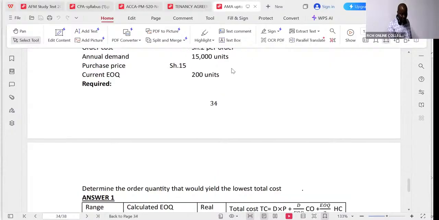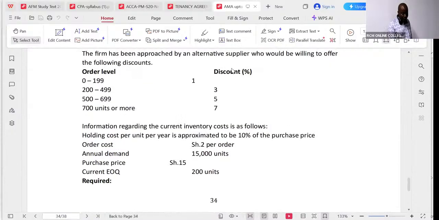So first of all, I'll draw this general skeleton where I start with the order level, the bands. So we have our order level: 0 to 199, 200 to 499, 500 to 699, 700 to infinity.